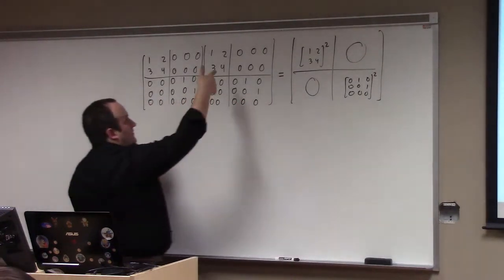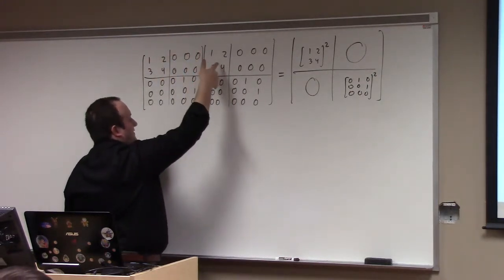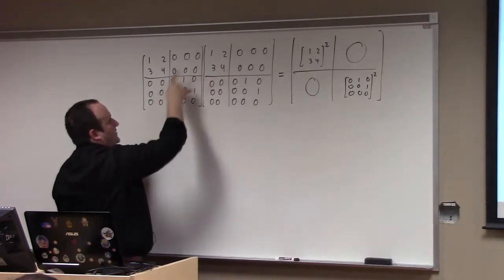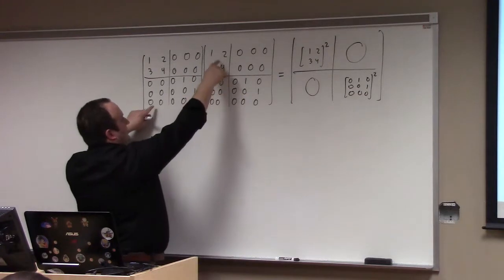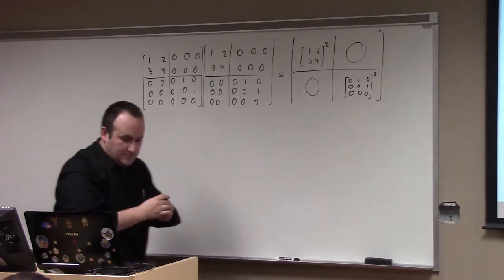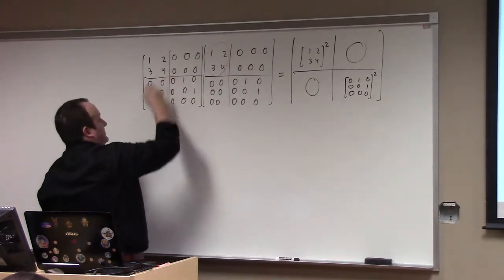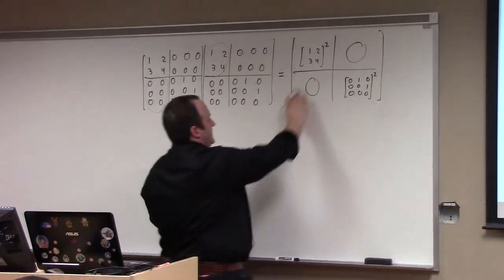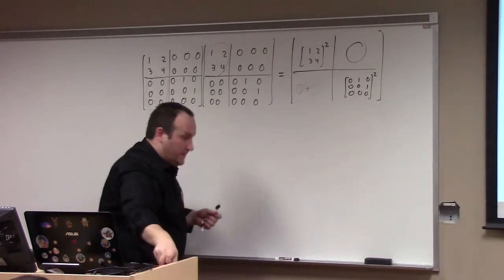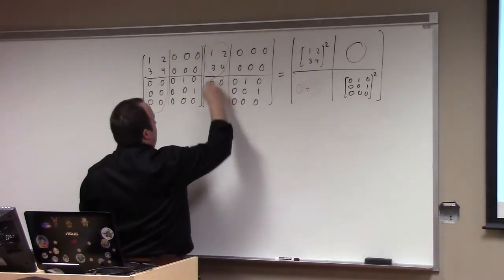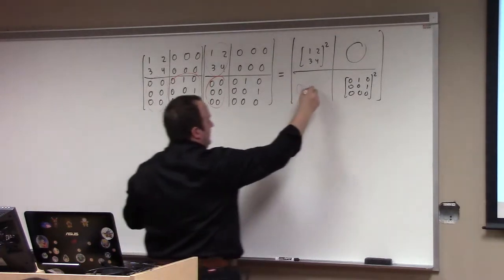See, because when I take this times that, excuse me, when I take the first column, these two blocks times these lower two blocks, I get this. I'm going to use some color coding here. So I get this times that. That's 0 plus this one times that one, which also gives me 0.